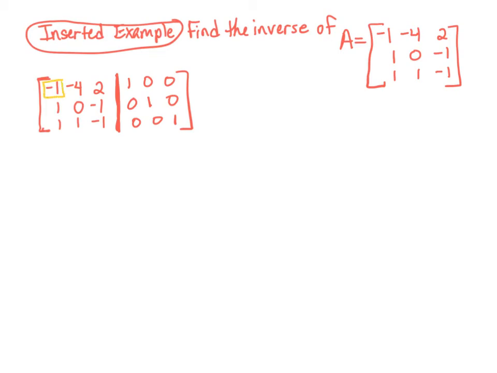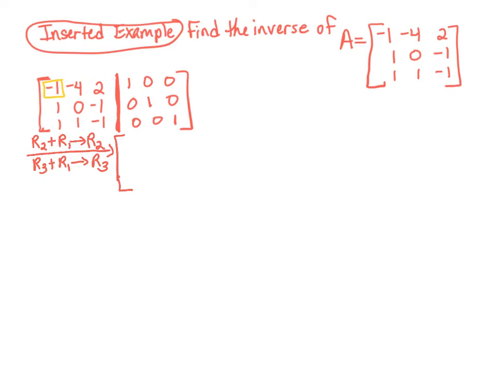So this -1 in the 1, 1 position is our pivot. And you said the operation was what? R2 plus R1. And then I did them in the same step. I did R3 plus R1. To get a new what? R3, and then here a new R2. Good.